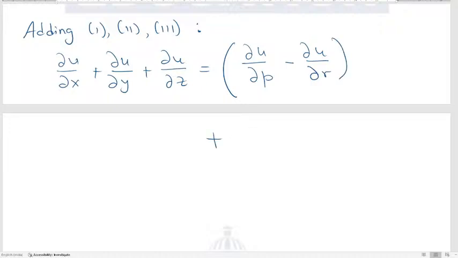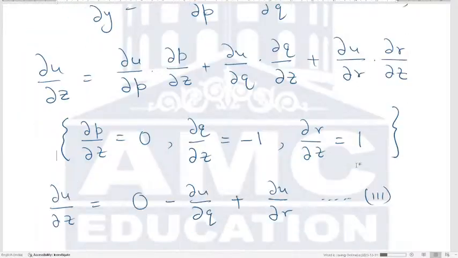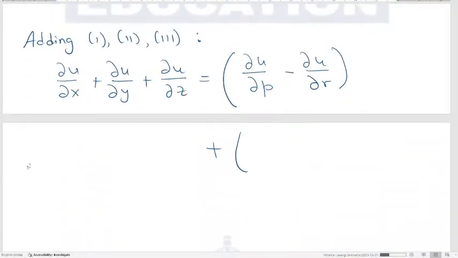Plus ∂u/∂y. What was q? Okay, all right. Looks like my system is not liking me doing this entire sum, but I'll do it. Minus ∂u/∂p plus ∂u/∂q, right?